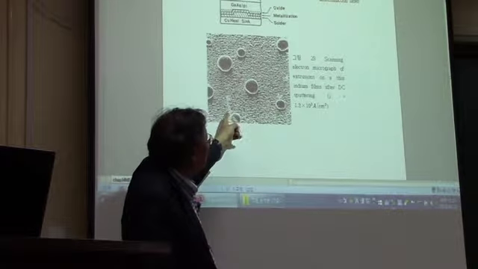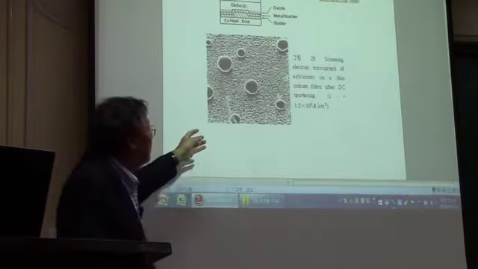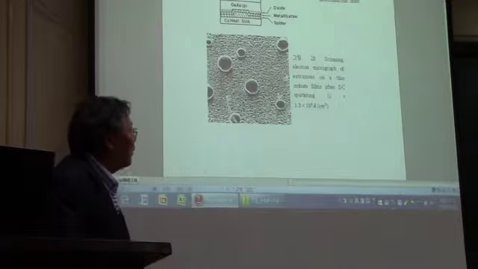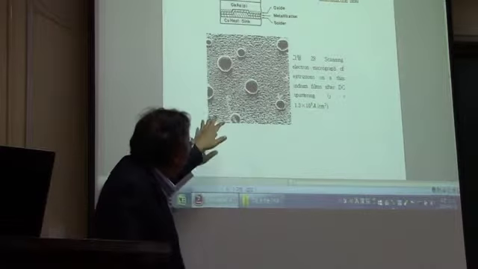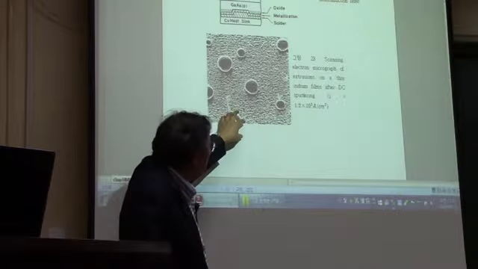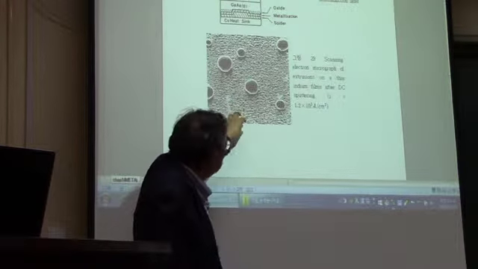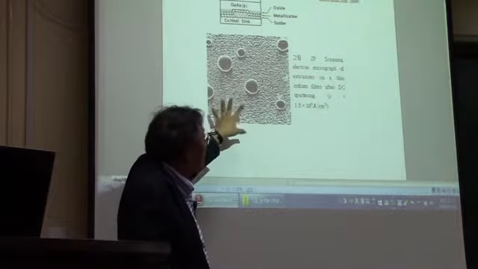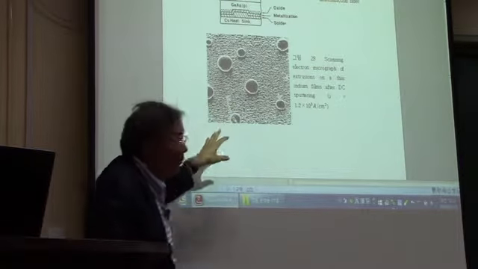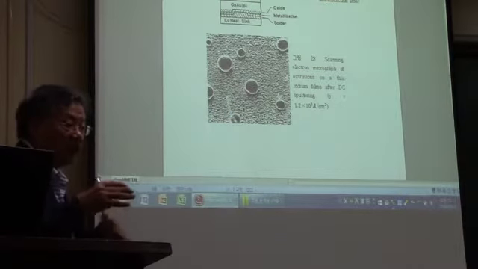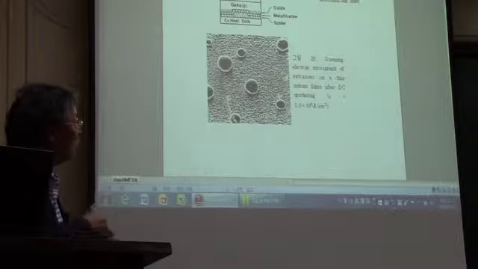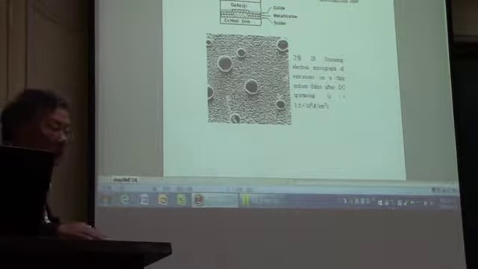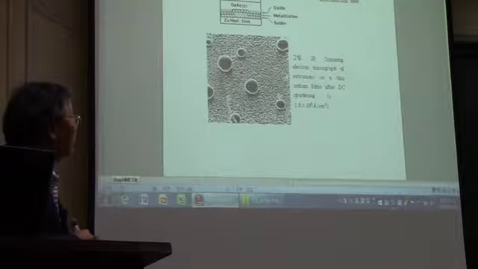This is actually a scanning electron microscope image of extrusions on a thin indium film after sputtering. Okay? And you can see the extrusion of the indium at some weak spots like that. And this comes from the mechanical stress, due to the difference in the thermal expansion coefficients between the silicon substrate and the metal lines.